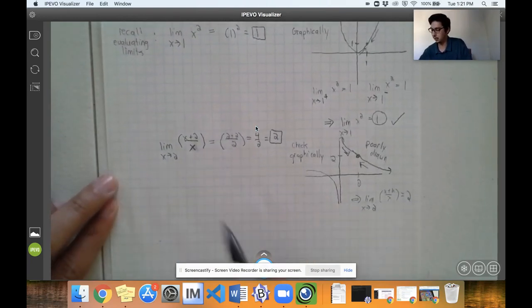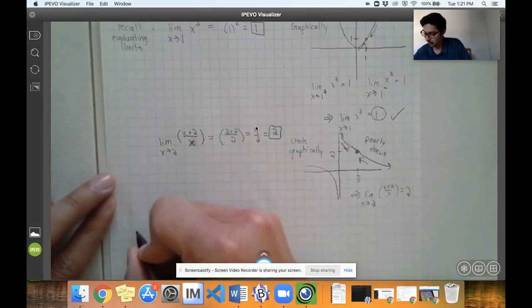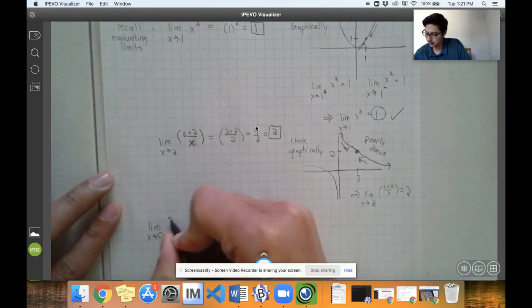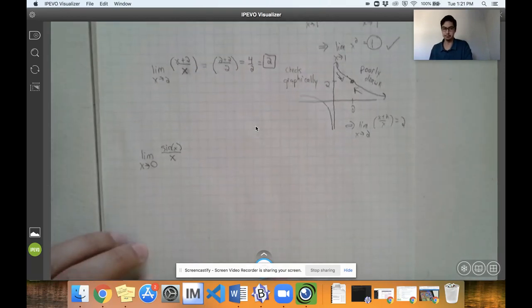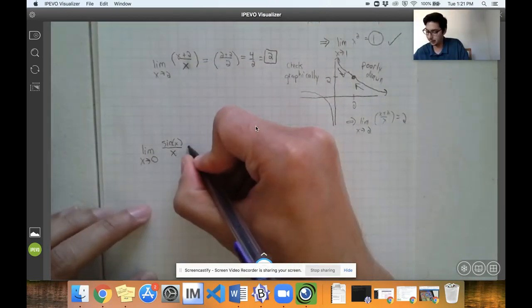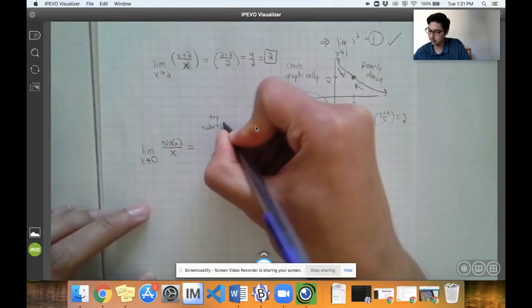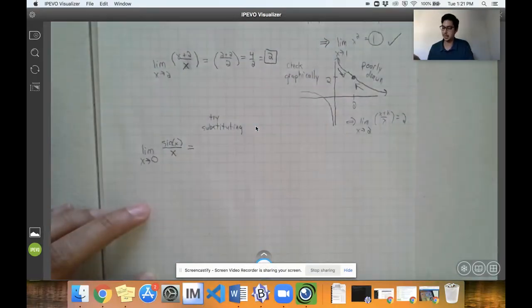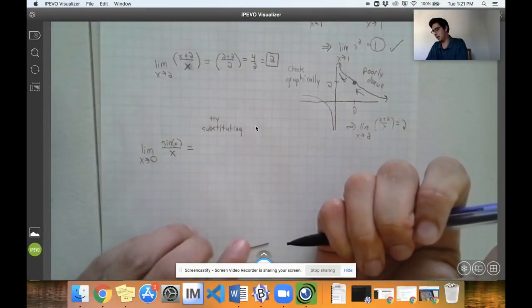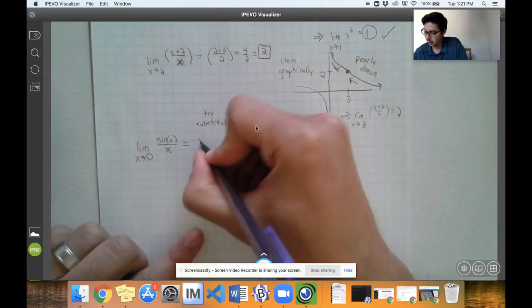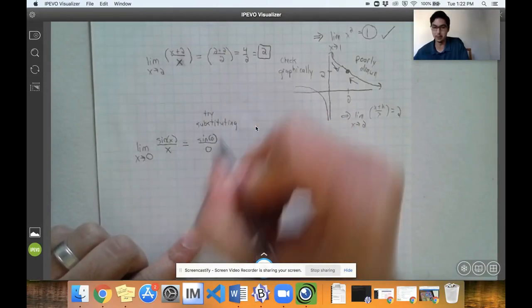So what if I gave you a different type of limit? What if I said, what's the limit as x approaches 0 of sine of x over x? All right, a third problem. Now, if we try substituting, you're going to get sine of 0 over 0.